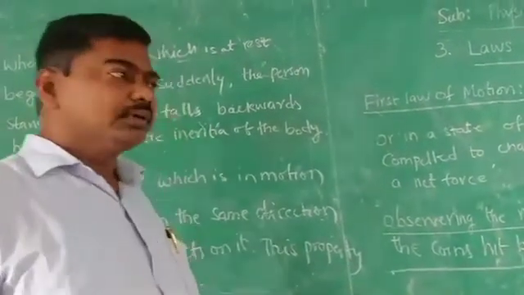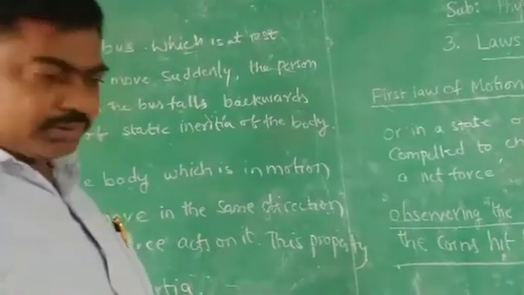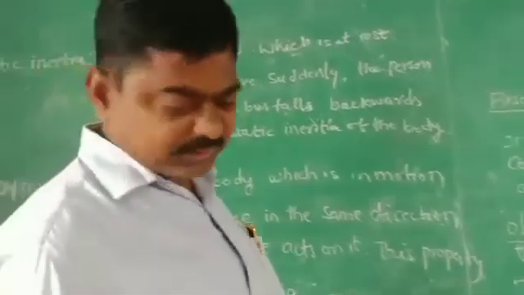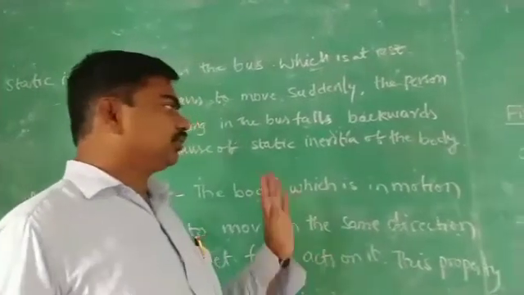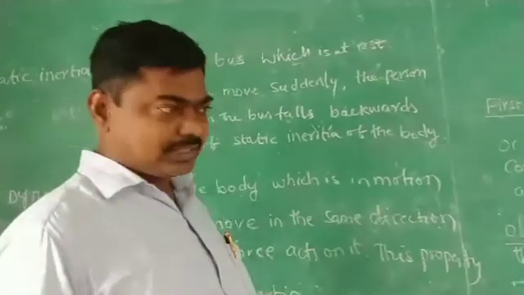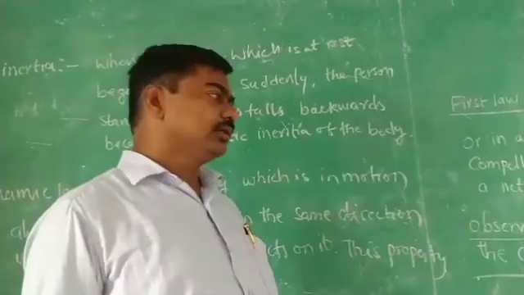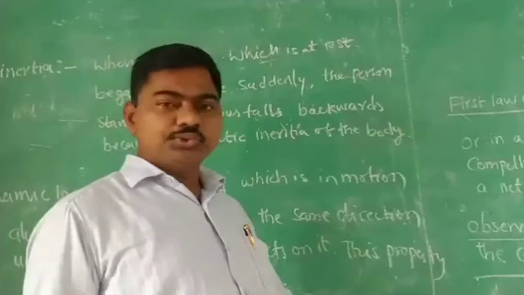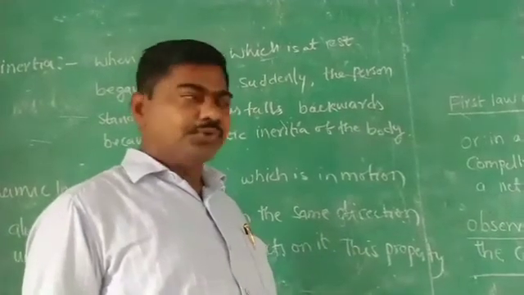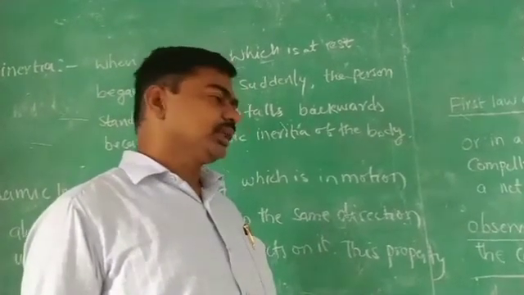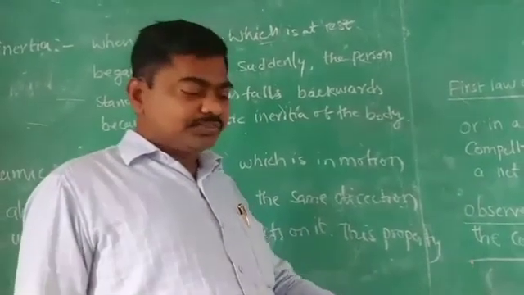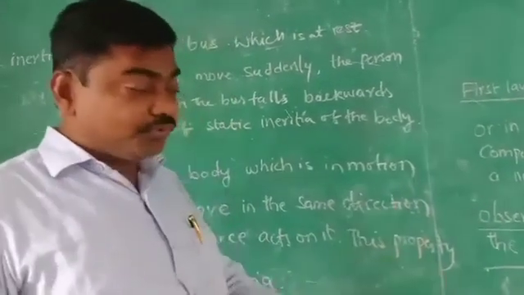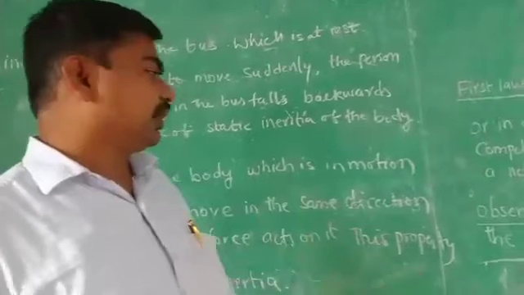Now, if you look at the mass of these bodies, we are comparing these objects, a cycle and a car. Which one will need more force? More force you apply whenever there is more weight.